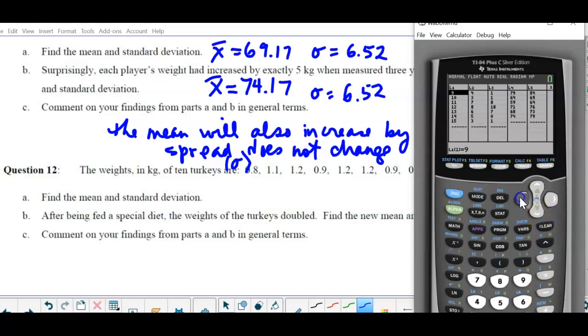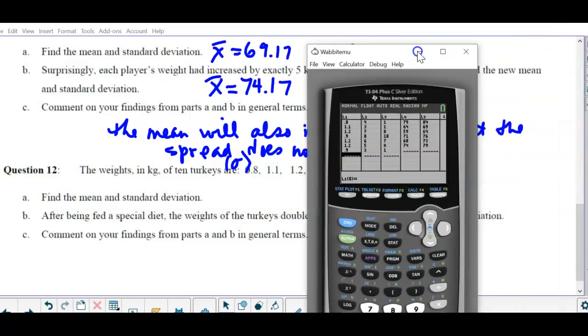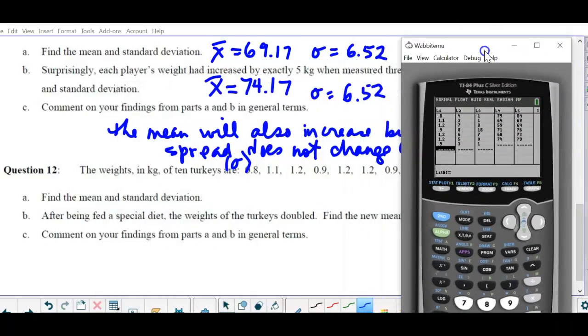So I'm going to go back and clear off L1. And so that's going to be 0.8. What else? 0.9, 0.7, 1, and 1.1.